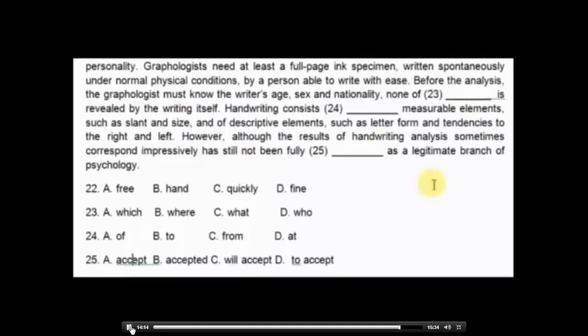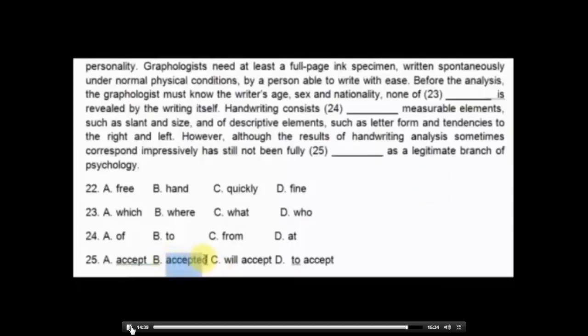Eso es un hecho, una realidad o algo que se repite, ¿cierto? Si yo acepto mis errores, es una acción que yo repito una y otra vez cada vez que cometo un error. Es reiterativo. So here, present simple is not the correct answer because we use present simple to explain facts or something that is repetitive.